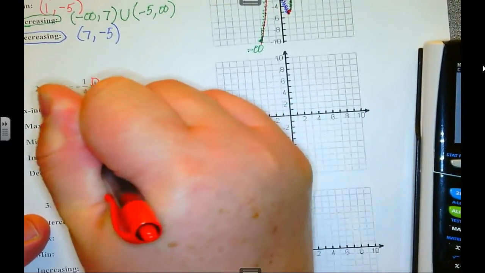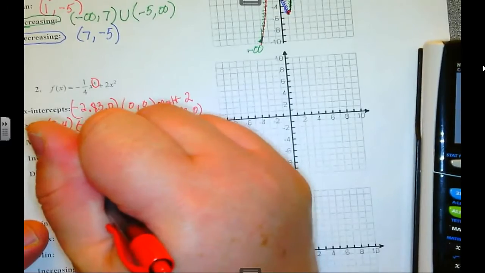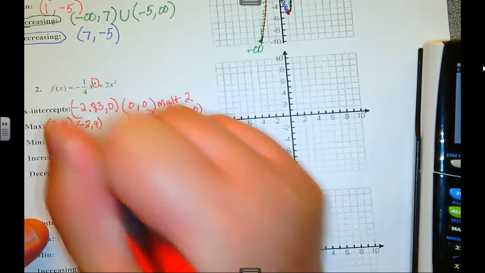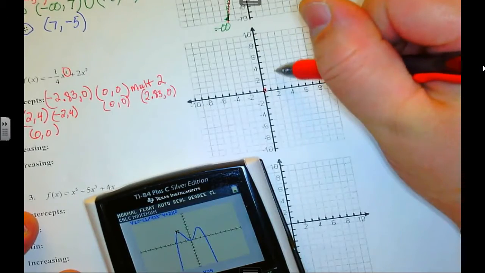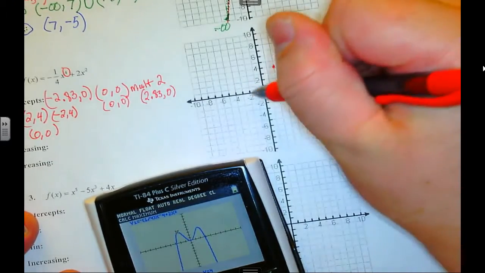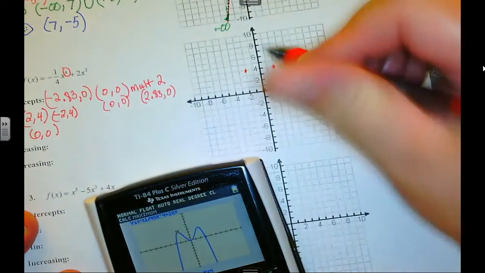What's going to be my min? That's right. 0, 0. Okay, let's graph this sucker. 0, 0. 2, 4. Negative 2, 4. Let's see, my intercepts.